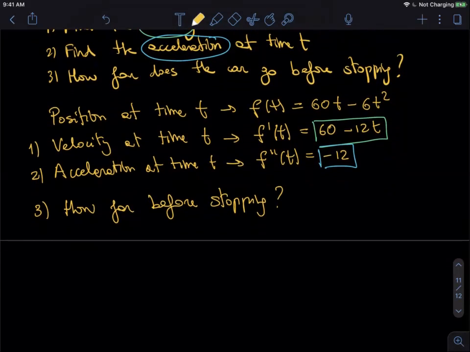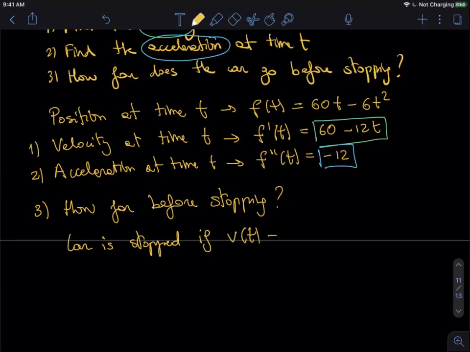So for that, we need to understand what does it mean to stop. Okay, when is the car stopped? Well, you could say when it's not moving, right? But that means that the velocity is 0.